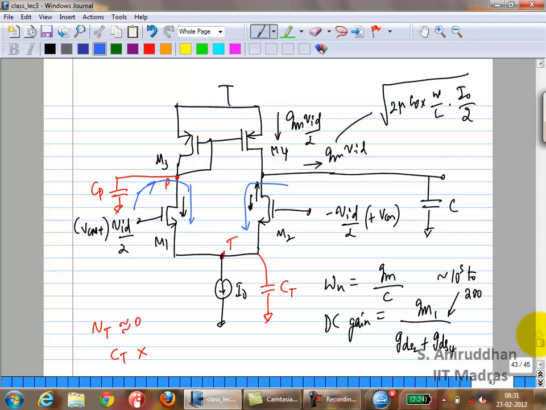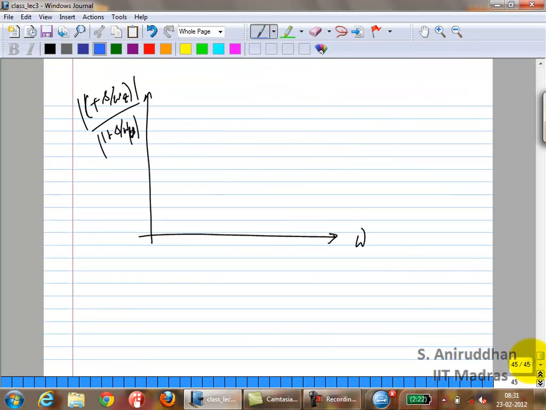First of all, that tells you there is a zero, because now you know that the gain is actually changing as a function of frequency. Correct? That itself should tell you that there is a pole and there is a zero. So if you just plot this, it looks something like this. At very low frequencies, the ratio is just 1. Remember, you are looking at 1 plus omega over omega z over 1 plus omega over omega p.